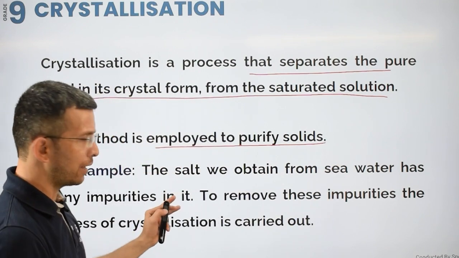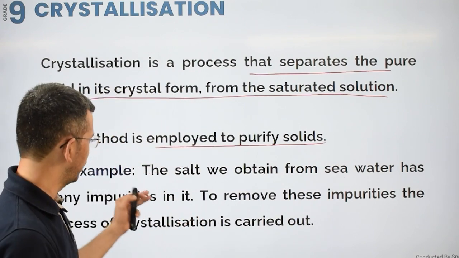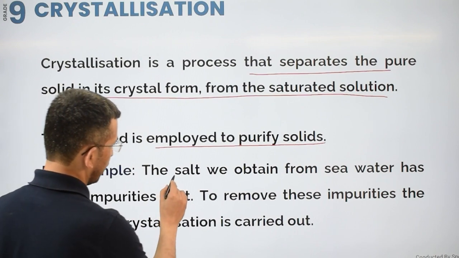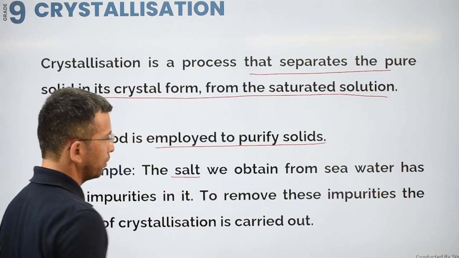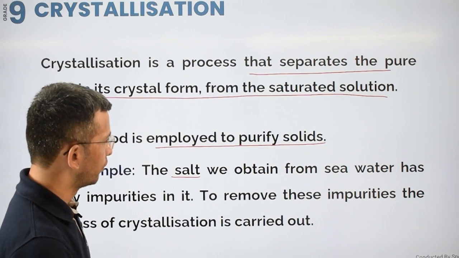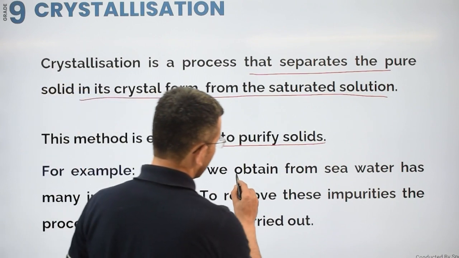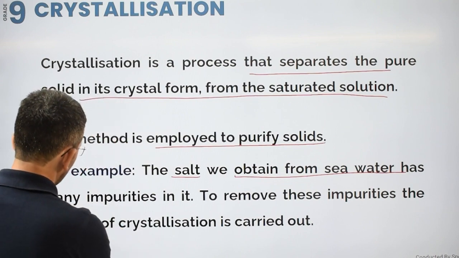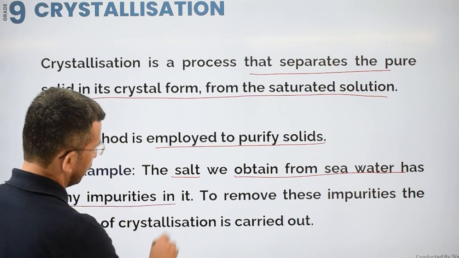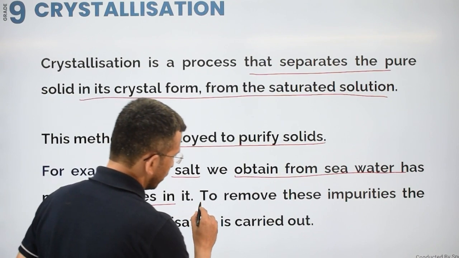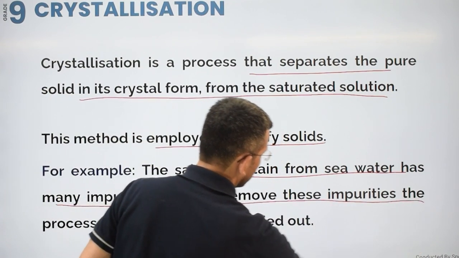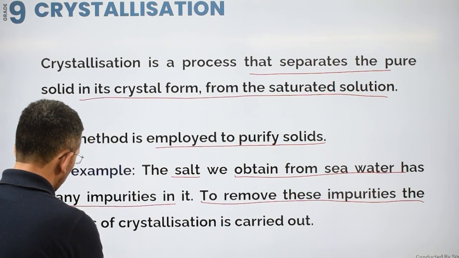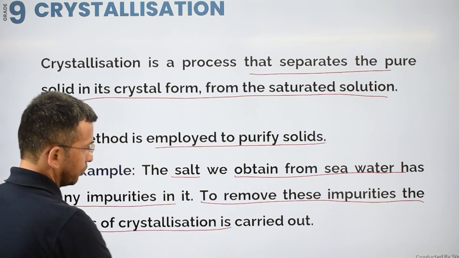One of the classical and best examples is salt, the common table salt, sodium chloride. Generally we obtain it from seawater. It has many impurities in it, so just to remove all the impurities, the crystallization process is used.